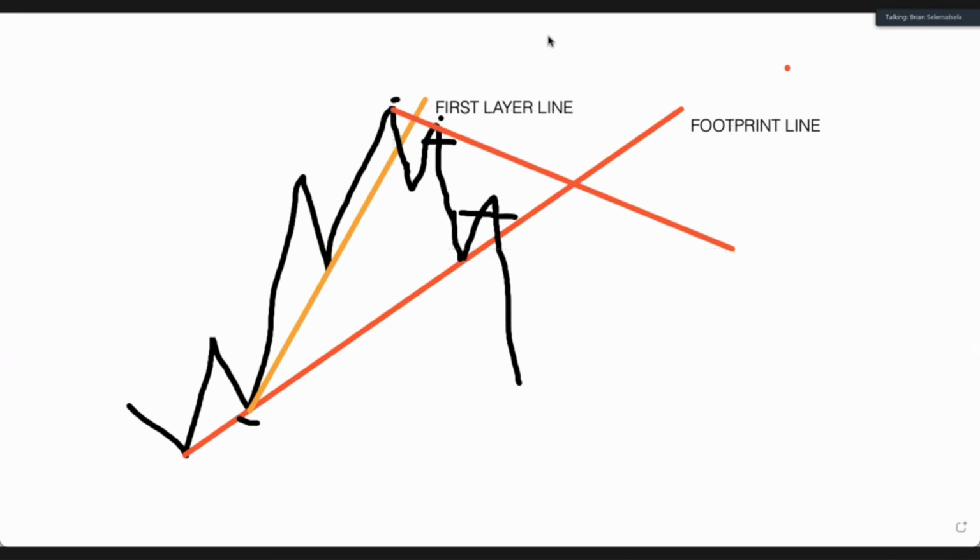full structure, draw your lines. Then after that, you draw your first layer. Then it will just be a matter of waiting for the market to come and break that first layer.